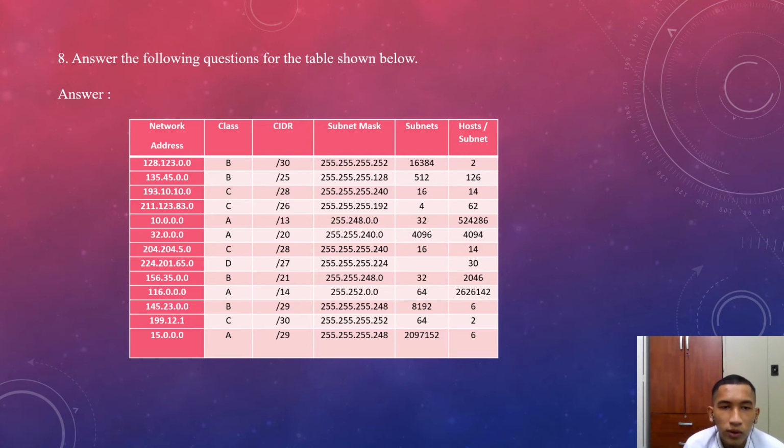For number 1, the class is B, the CIDR is /30, the subnet mask is 255.255.255.252, the subnet is 16384, and the host per subnet is 2.